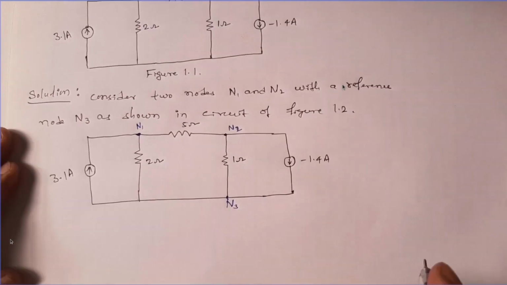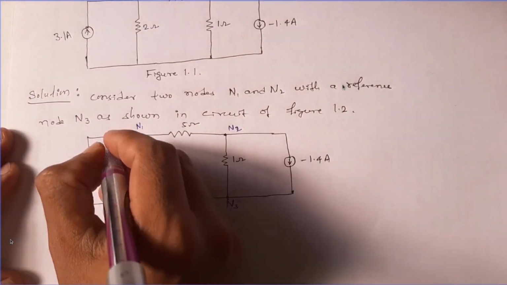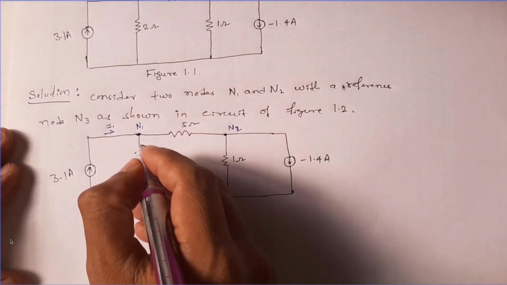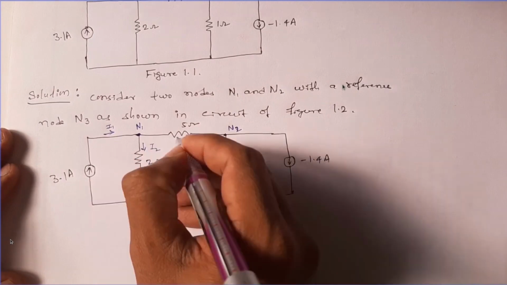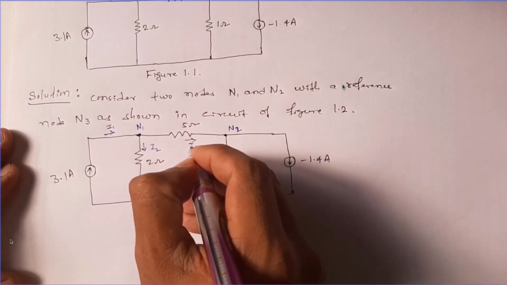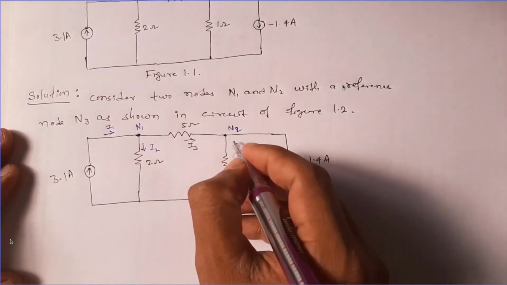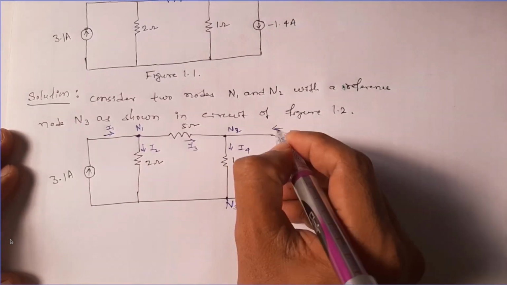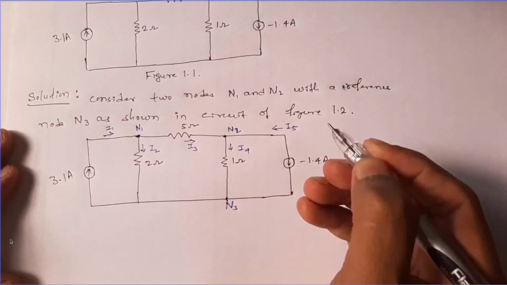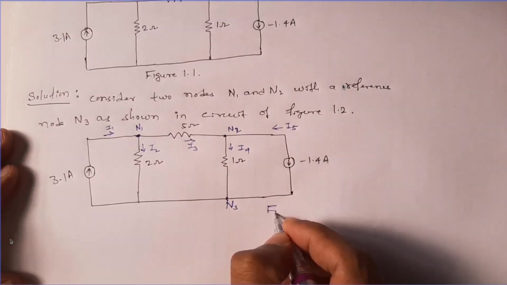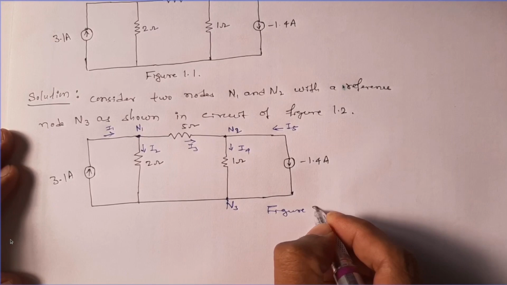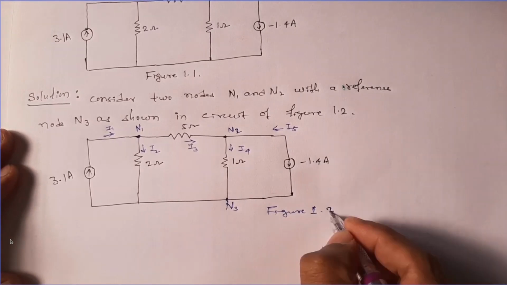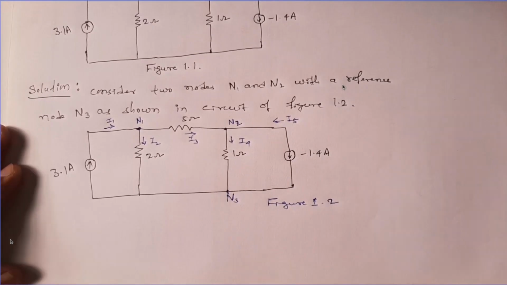Some arbitrary currents I'll consider here, for example I1, and this current in this direction, any arbitrary direction, I3, here I4, and here I5, right? And this is figure 1.2.